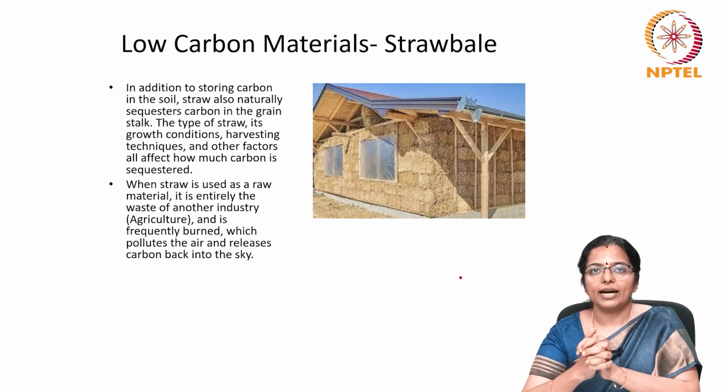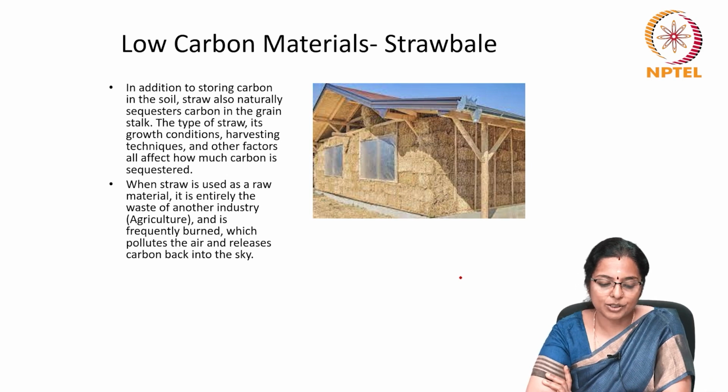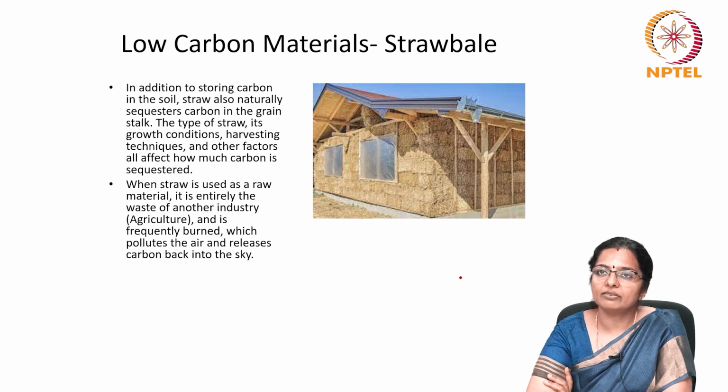Now let us look at low carbon materials. First is straw bale. In addition to storing carbon in the soil, straw also naturally sequesters carbon in the grain stalk. The type of straw, its growth conditions, harvesting techniques and other factors all affect how much carbon is sequestered.